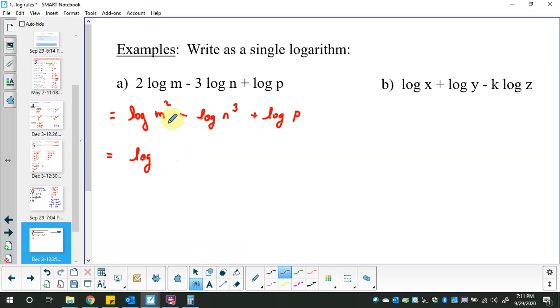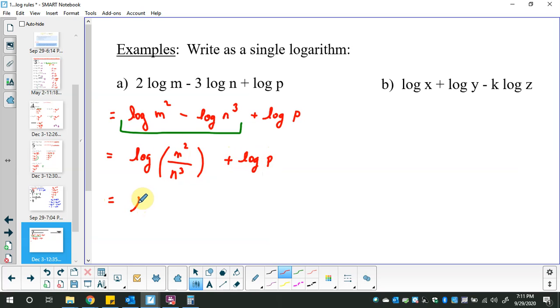Log base 10, and I am looking at these 2 pieces only to start with, and I've got a subtraction sign, so that means I can take the m to the 2 and divide it by the n to the 3. And I'm going to wrap it in a bracket because that's a bit bulky. And I still have to pay attention to the fact that I've got this.